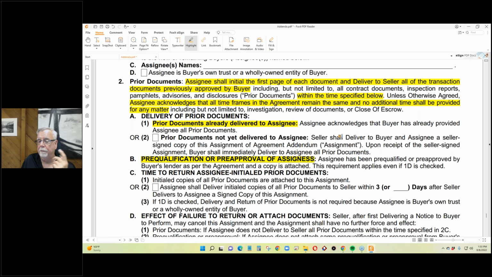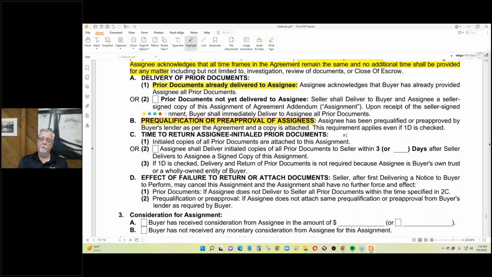This is an important part. Let's say the buyers provided proof of funds and a pre-approval letter, but now it's a trust, it's an LLC, or it's different buyers. You need a new pre-approval letter that says the names of the people that are buying.